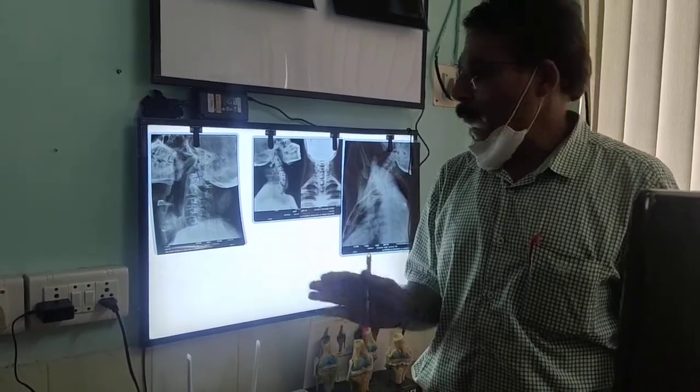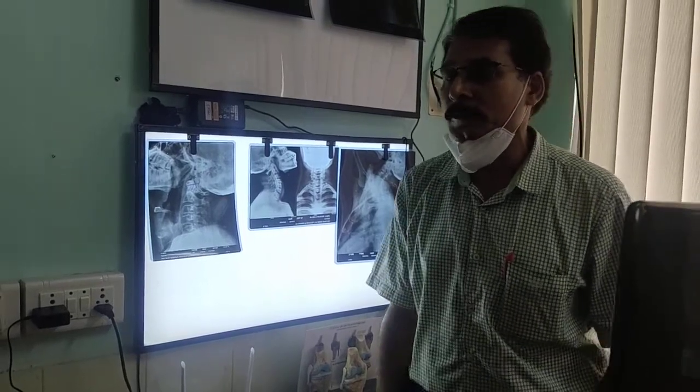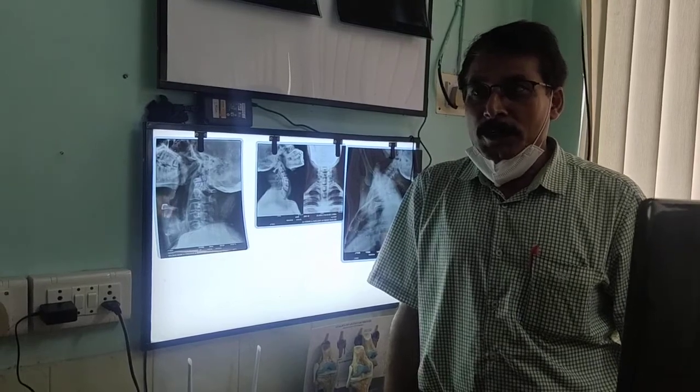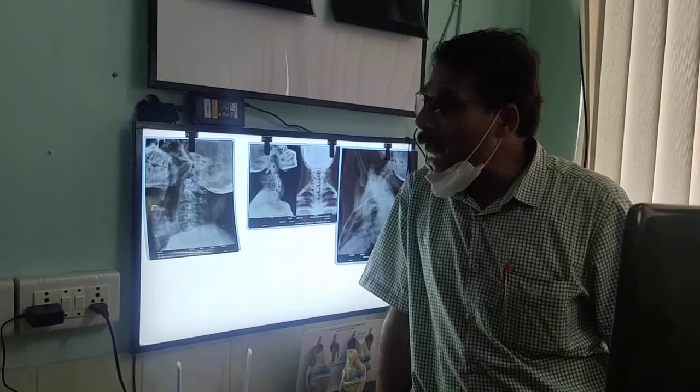Why so? Because most of the time this area is all ligamental and soft tissue structures, which are more important to provide stability, unlike the bony ones. If there were more bony area, probably that could have been more revealed by CT scan or X-ray. But this area is so deep and difficult to pick up by X-ray, CT scan and MRI.